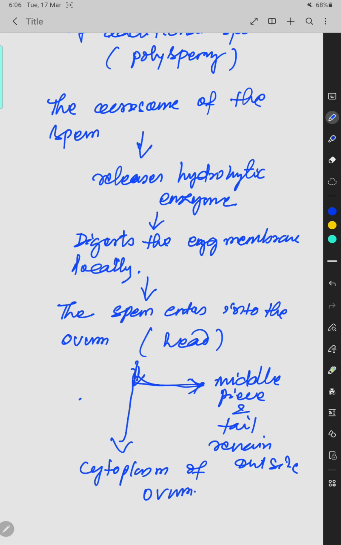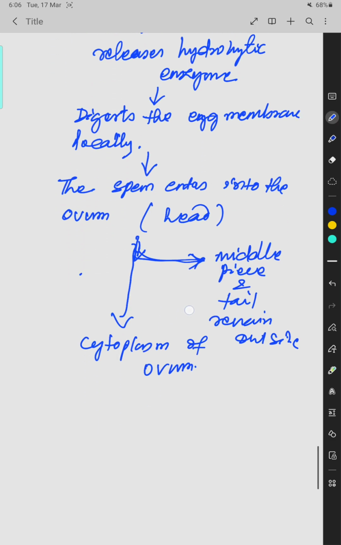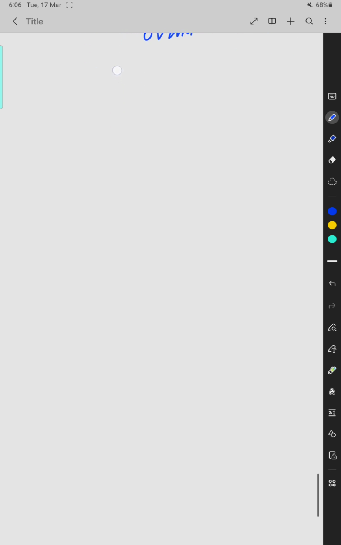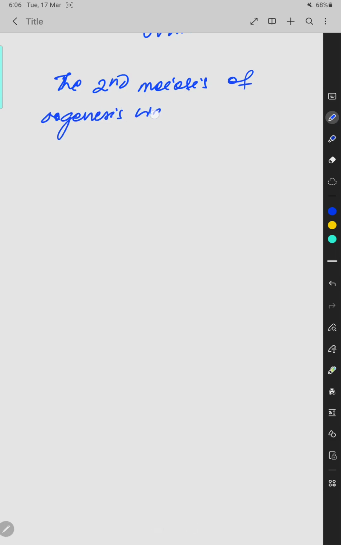Now as the sperm enters, if you remember, I have told you that the second meiosis of oogenesis was arrested at metaphase 2.